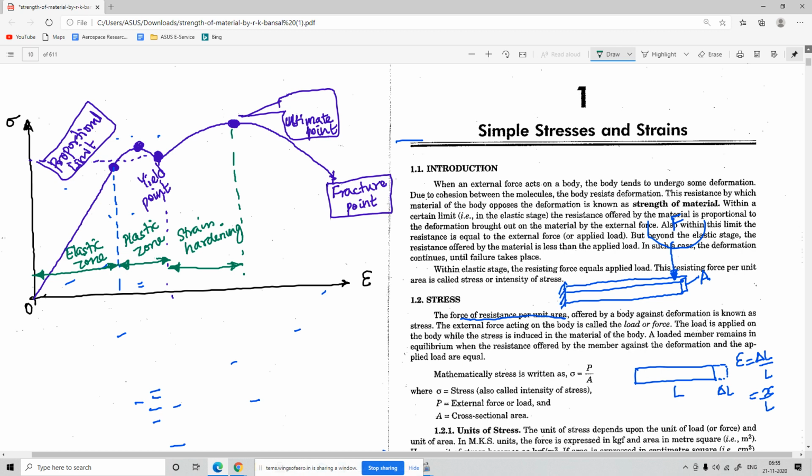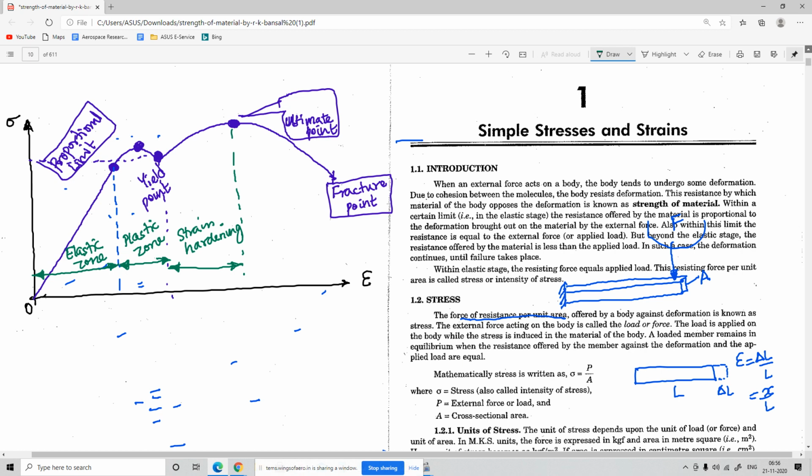But after this plastic zone, if you keep on applying the load, it will increase its deformation, and it will increase its stress, and it will not come back to the original deformation ever again.